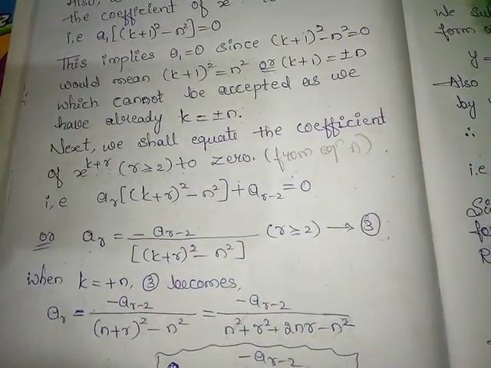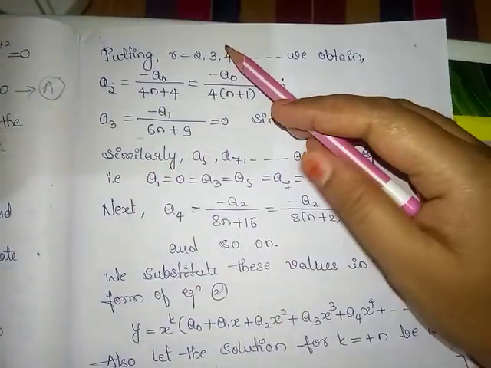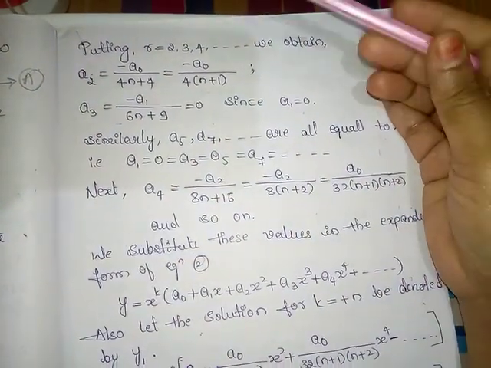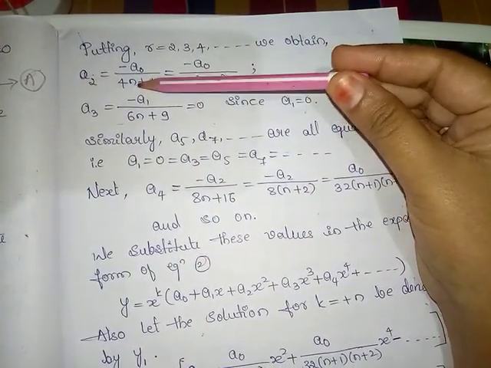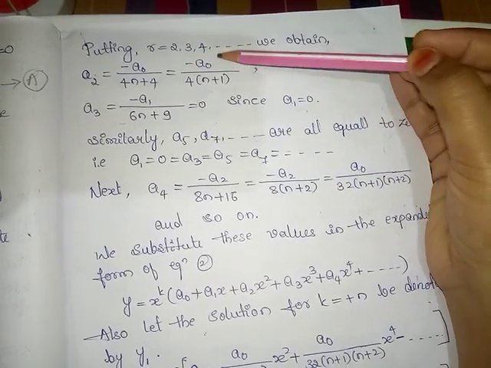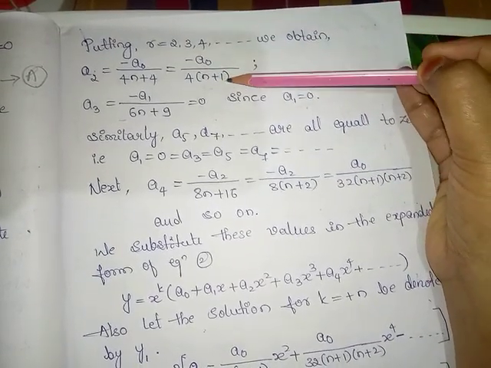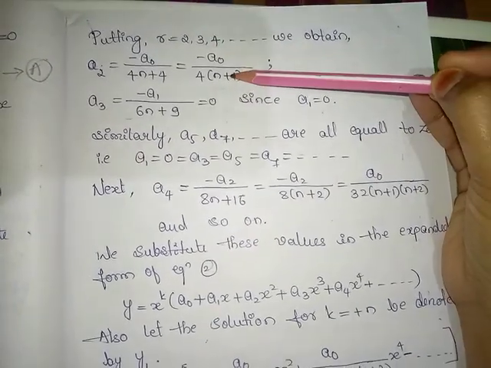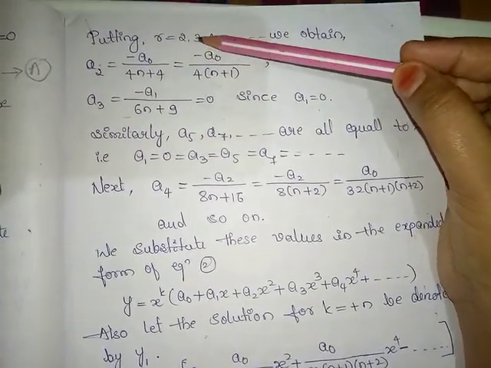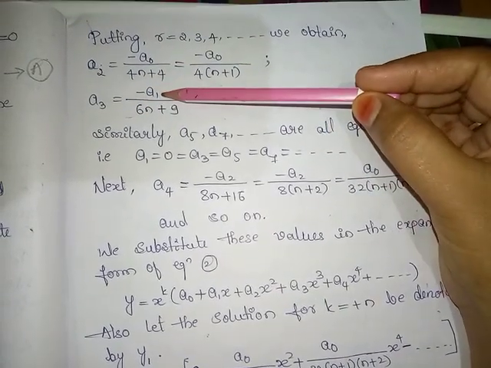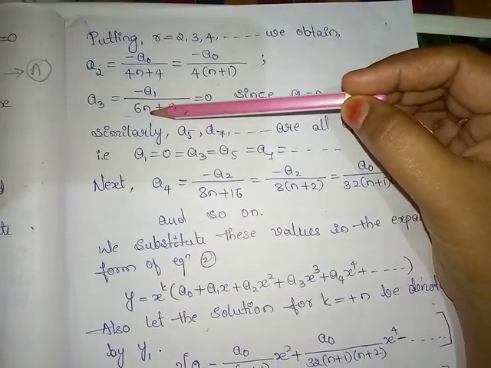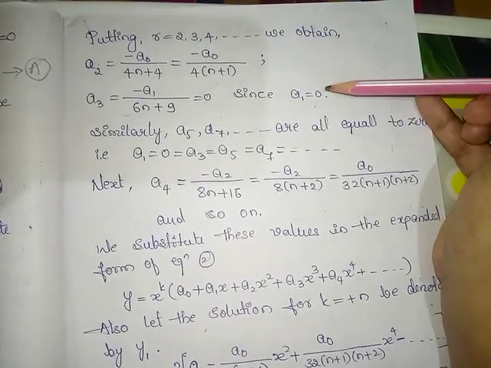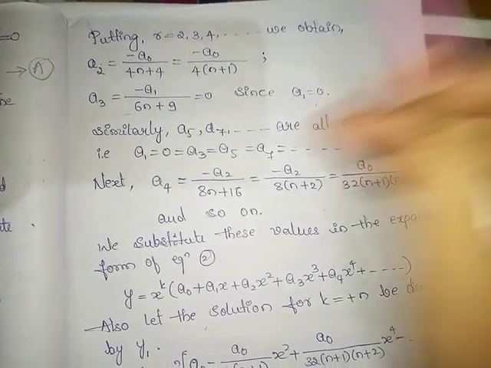Next, putting r is equal to 2, 3, 4 and so on, we obtain a2 is equal to −a0 divided by 4n + 4, which is equal to −a0 divided by 4 into (n + 1). In the recurrence relation, first substitute r as 2, we will get this result. Next, substitute r as 3, we will get a3 is equal to −a1 divided by 6n + 9, which is equal to 0, since a1 is equal to 0.